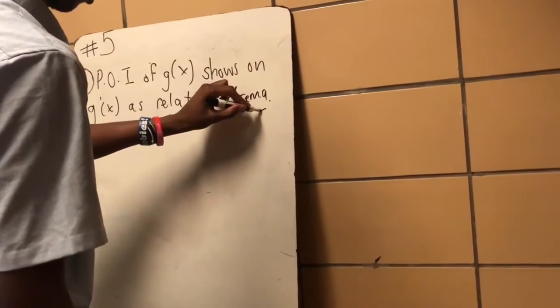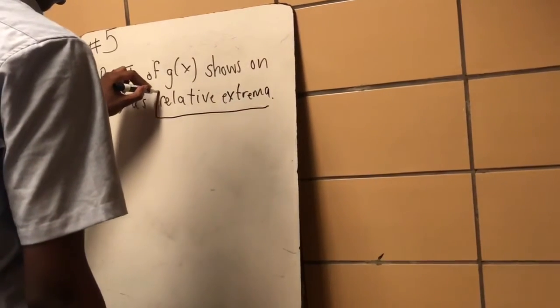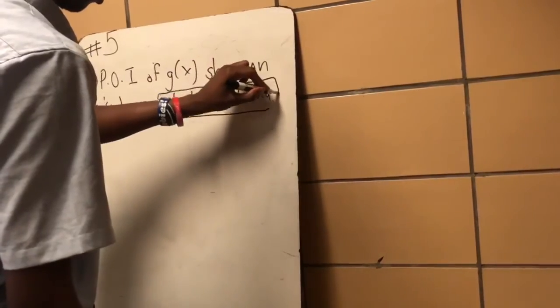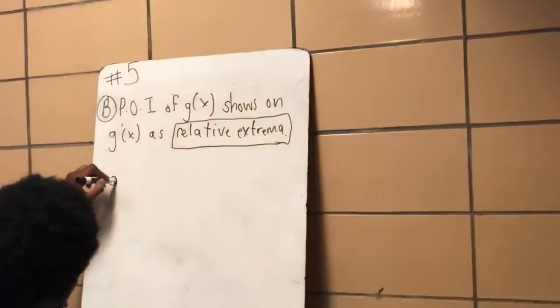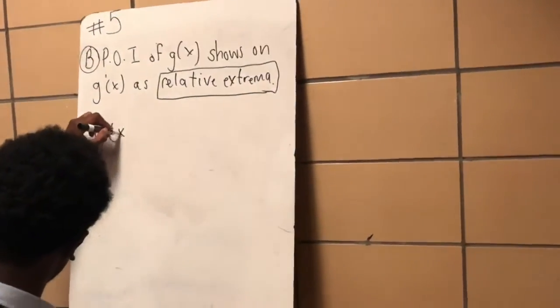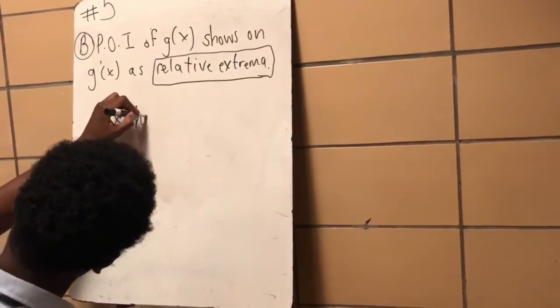For part B of question 5, it asks us for points of inflection. Points of inflection of g of x show up on the graph of g prime of x as relative extrema.